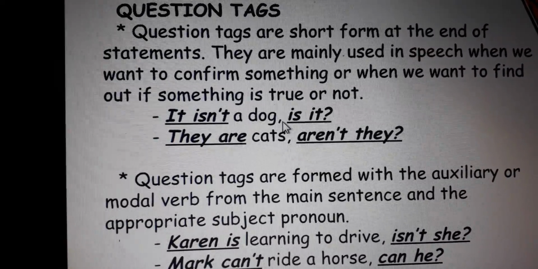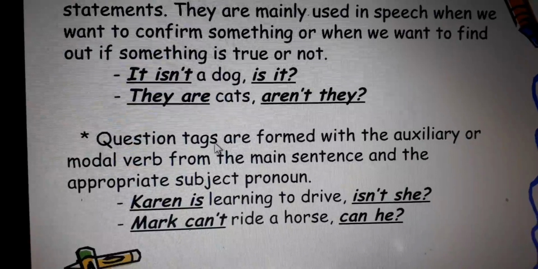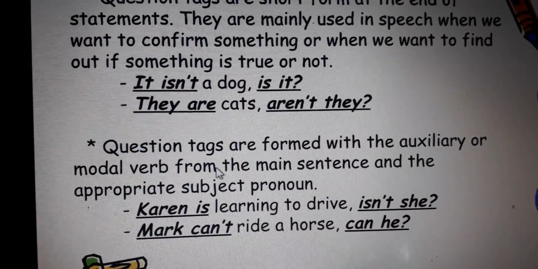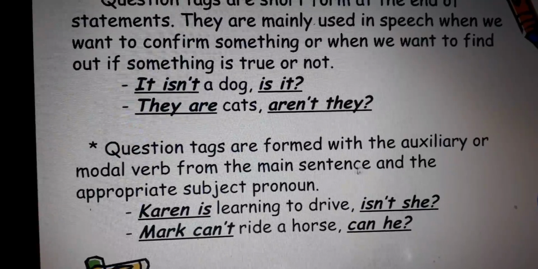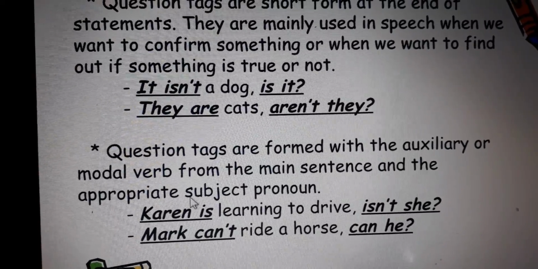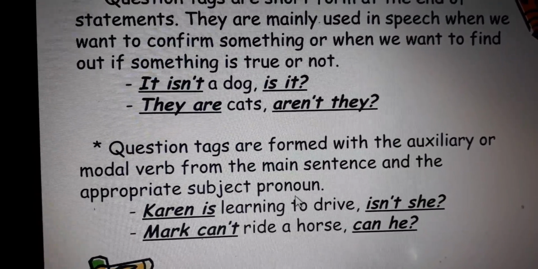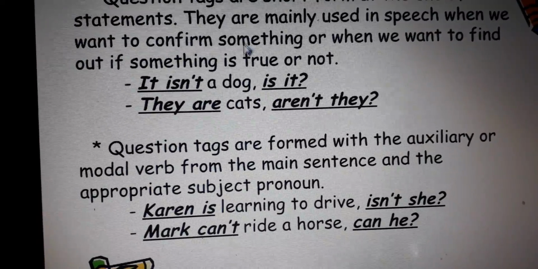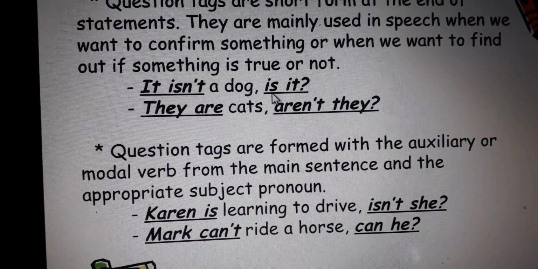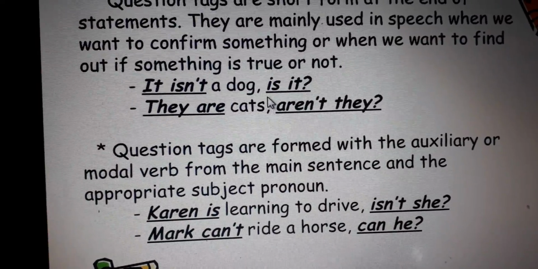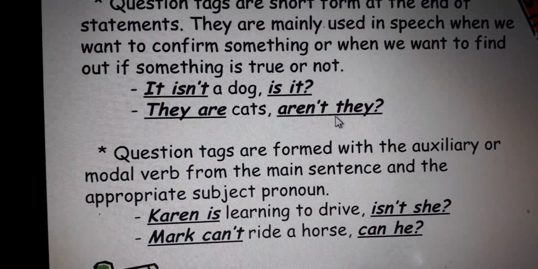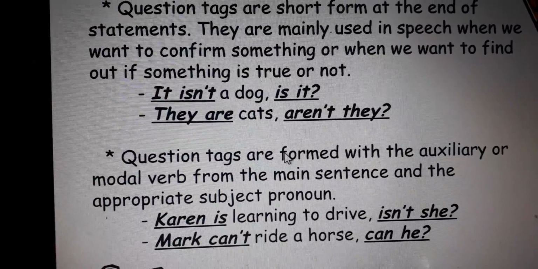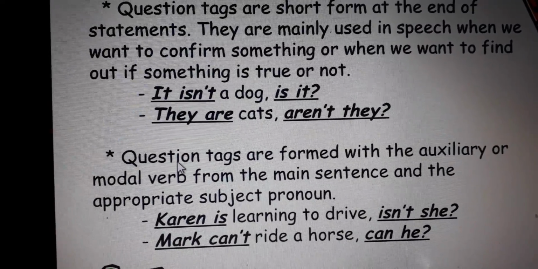Now see, the question tags are formed with the auxiliary or modal verb from the main sentence and the appropriate subject pronoun. Now the question is how these question tags are formed. How do we know that we have to write is it, how has this aren't they come here? Now see the second paragraph, I am reading it again.